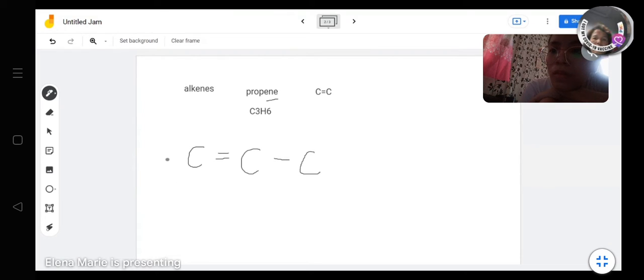So we have a double bond here, and you can have a single bond formed by carbon to this hydrogen. For this carbon, you have already 3 bonds, therefore it needs 1 bond with hydrogen.